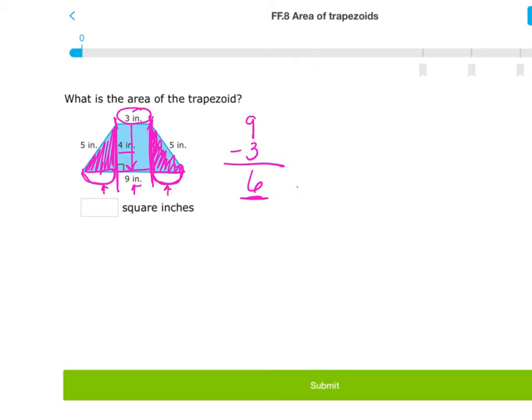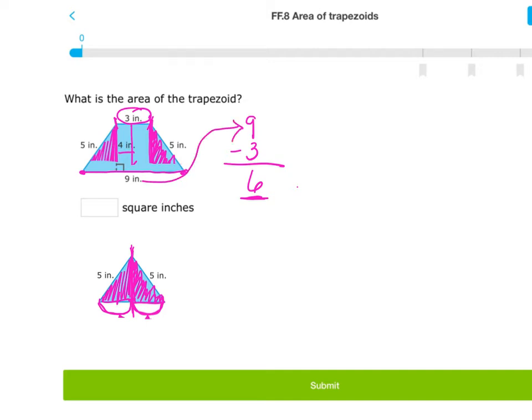So I'm going to think like this. There's that triangle. And then we have this triangle. And if I put them together, then I know that the whole distance all the way across the bottom of this figure, from this corner to this corner, is where I got the 9.